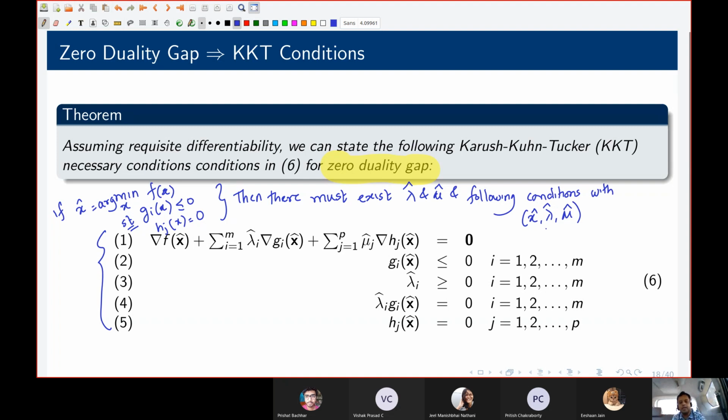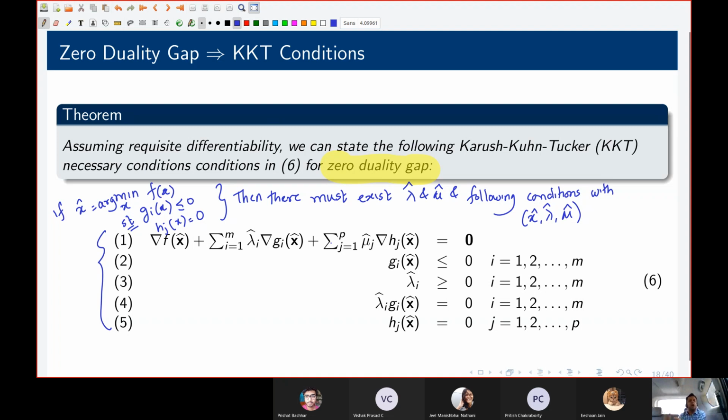Is this clear? What are those conditions? The first condition says that the gradient of f lies in the same space as the gradients of the g_i's and h_j's. The third condition says the lambdas that help you span that space should be greater than or equal to 0. That means the gradient of f should not have any component in the direction of the gradient of the g_i's.